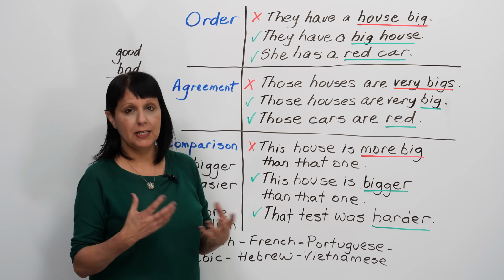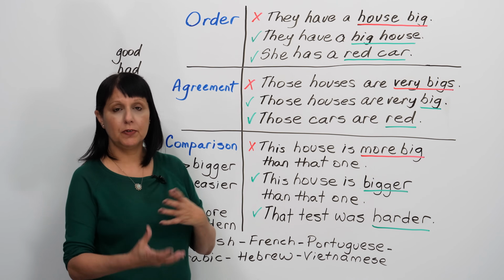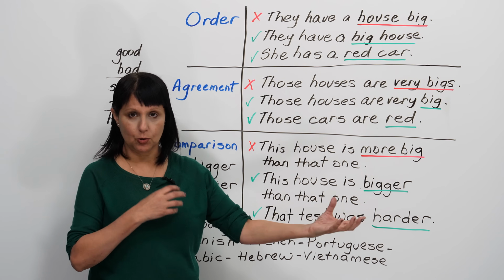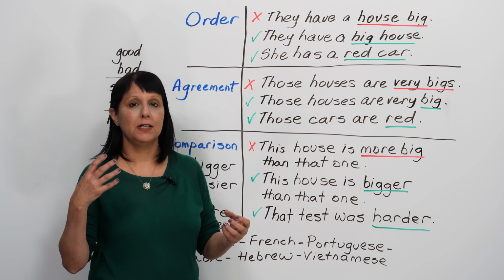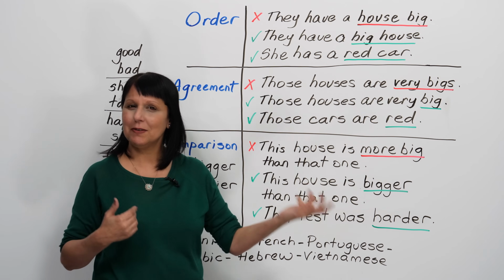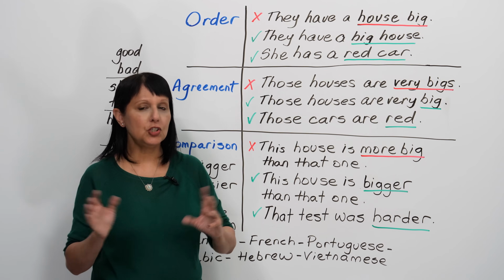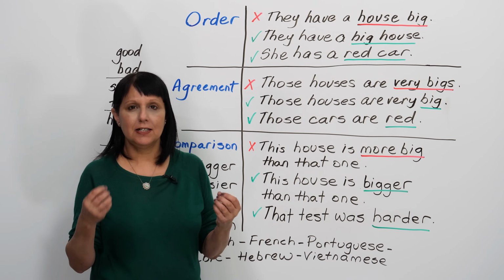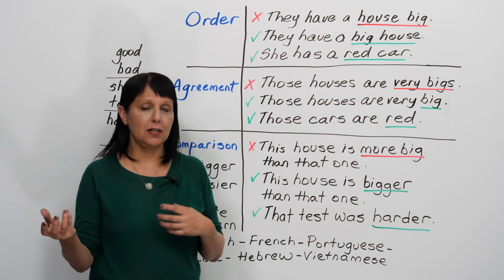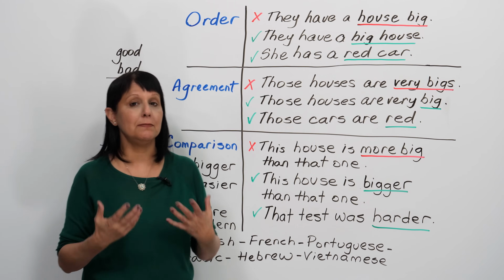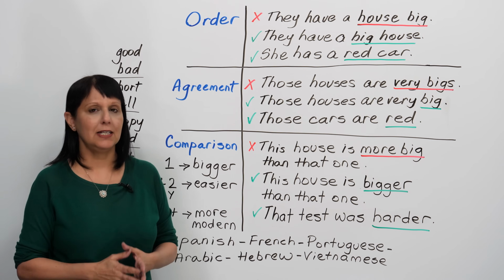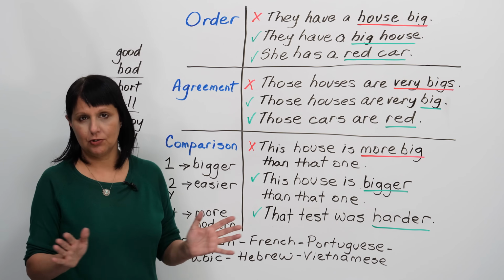In English, it also doesn't have to agree in terms of singular and plural. It also doesn't have to agree in terms of gender, male or female, okay? In English, things don't have any gender, okay? Chairs, tables, it's not that something is masculine or feminine as in many other languages. In English, things have no gender.